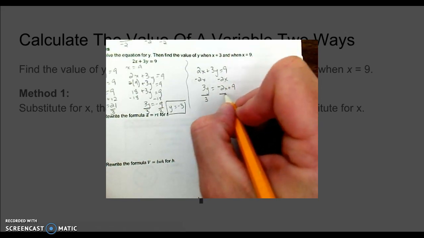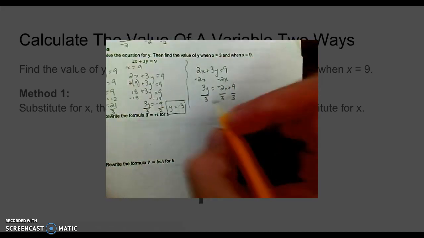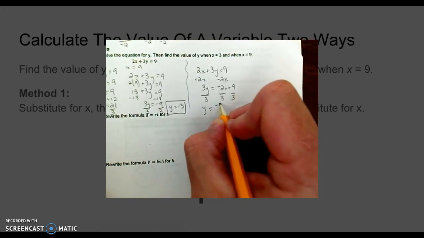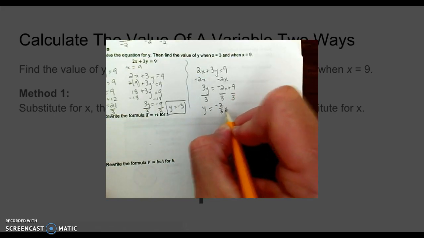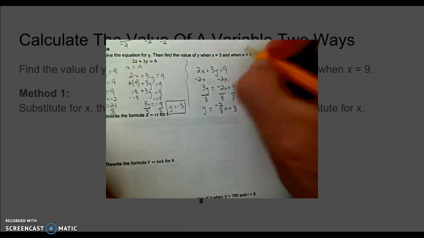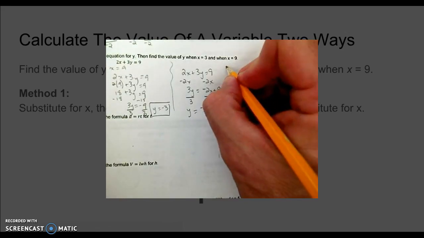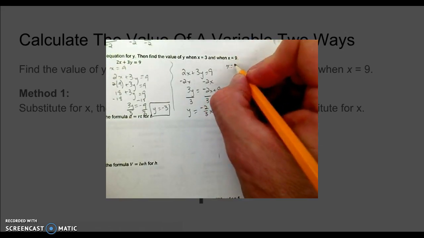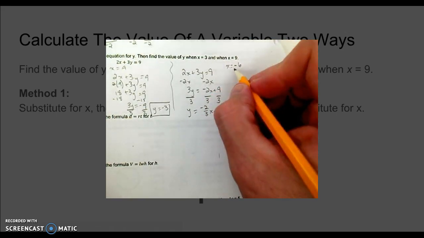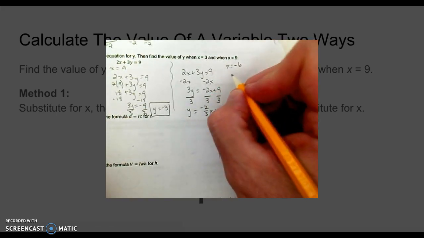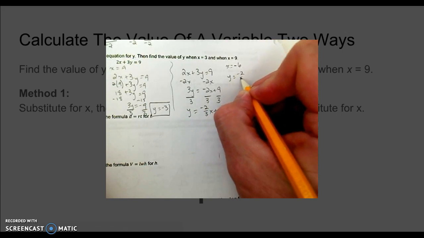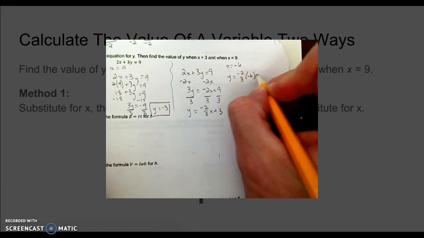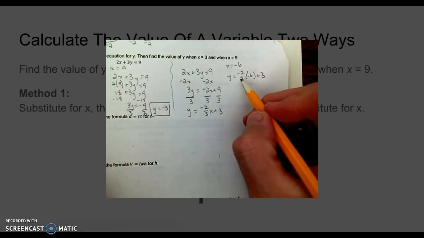Divide by 3, divide by 3, divide by 3. So I get y equals negative 2/3 x plus 3. Now we can plug in. As my teachers used to say, plug and chug. So with the negative 6 being plugged in, y equals negative 2/3 times negative 6 plus 3.